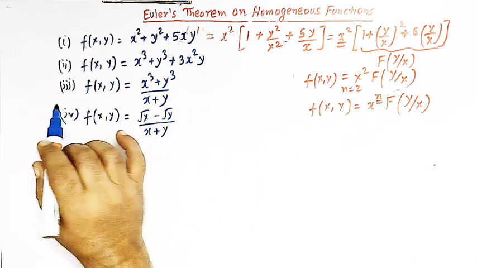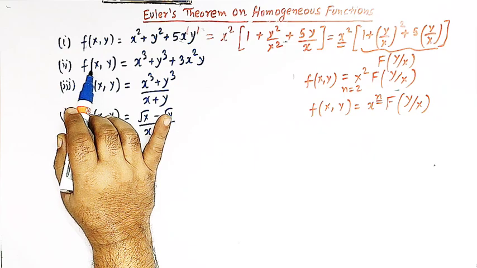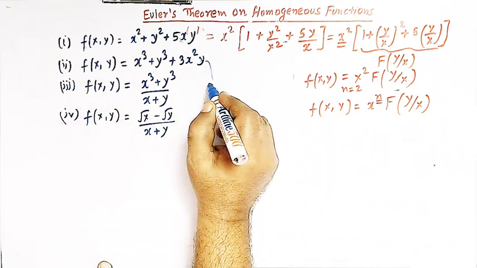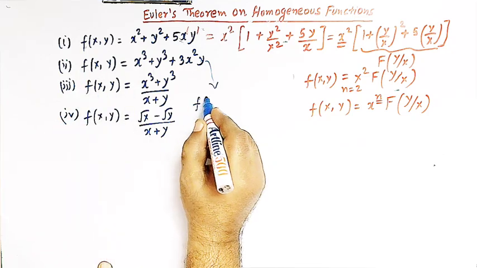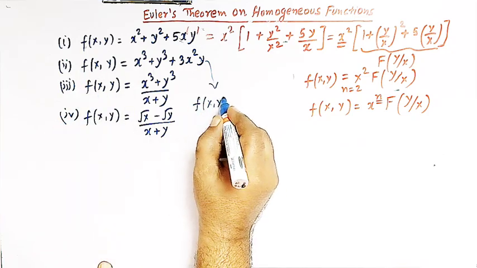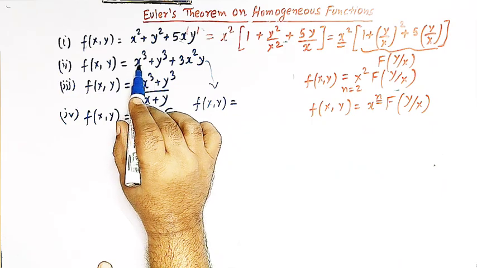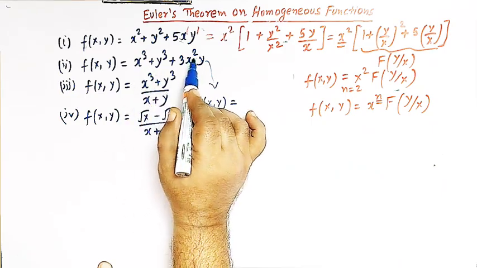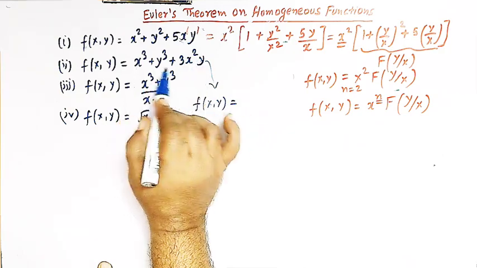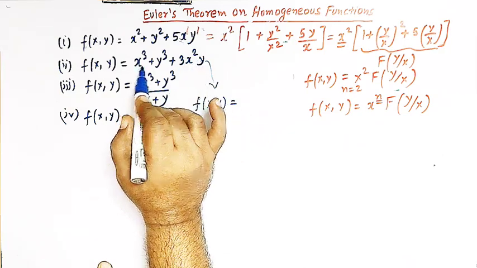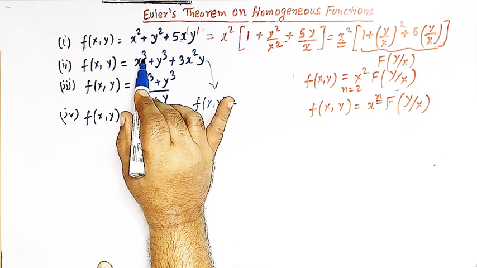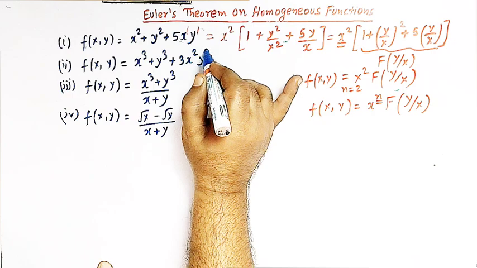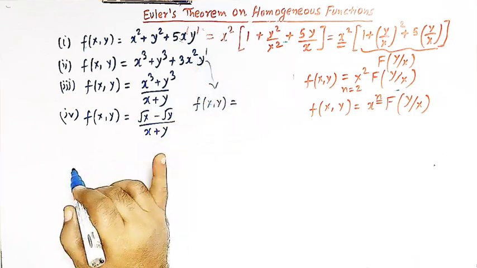So now let us try to express the second function in this form. We have f of x comma y equal to x cube plus y cube plus 3x square y, and we can easily see that the degree of each term is 3. Here we have 3, here we have 3, and here we have 2 plus 1, which is 3.